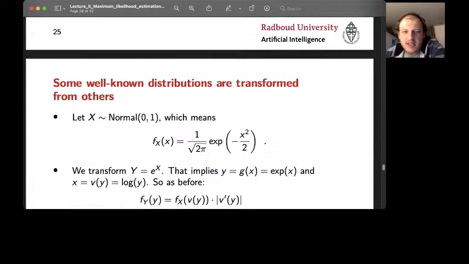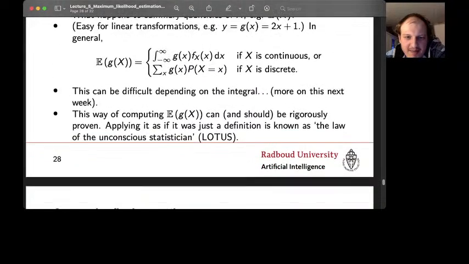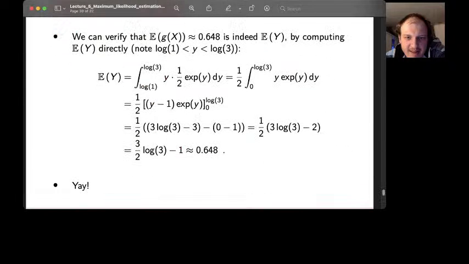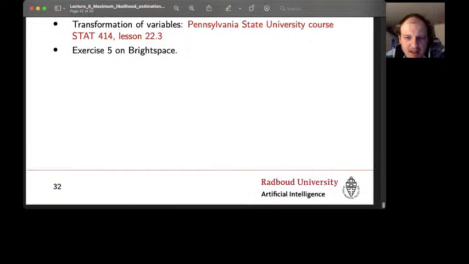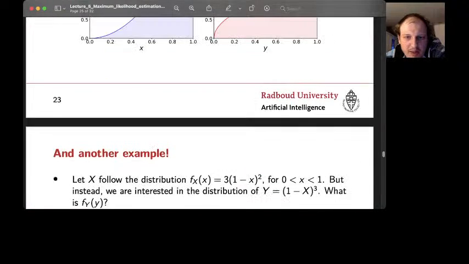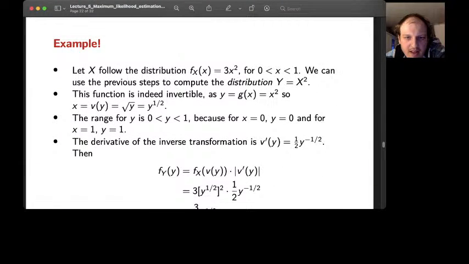Yeah, so this lecture is mostly just math with slight intuitions. The f of x is a probability density function, and y is also a probability density function.